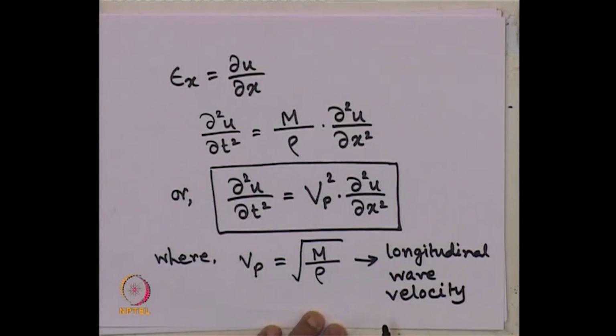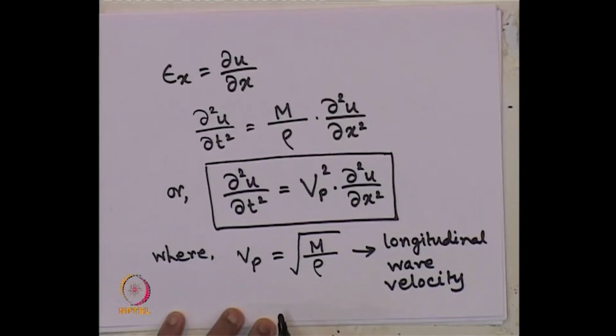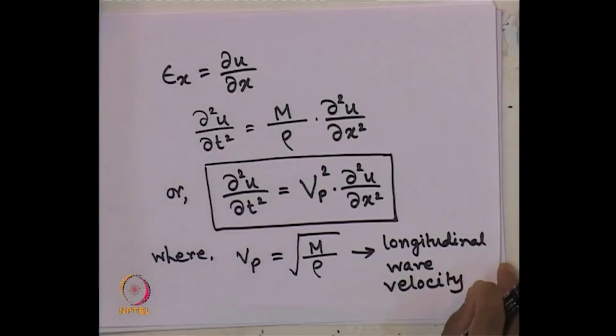Later on we will see this is also called the primary wave velocity, okay, which is nothing but root over the constraint modulus by the density of the material.